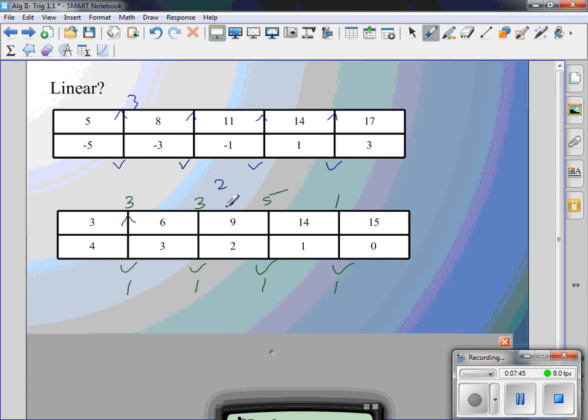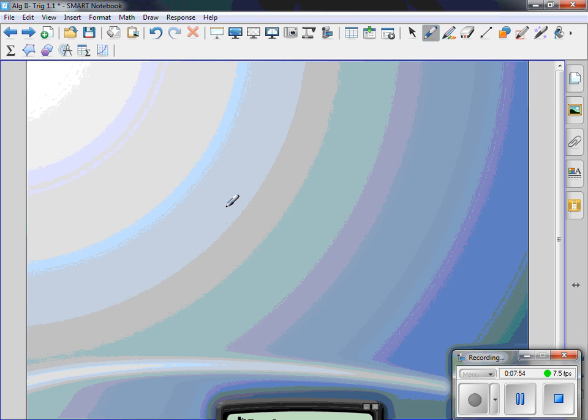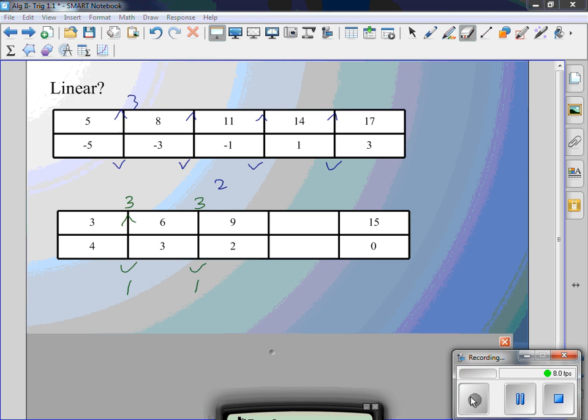There is a time you have to be careful, though. If I look at this one now, I took out that middle column. I jump 3, I jump 3, I jump 6, and I jump 2.